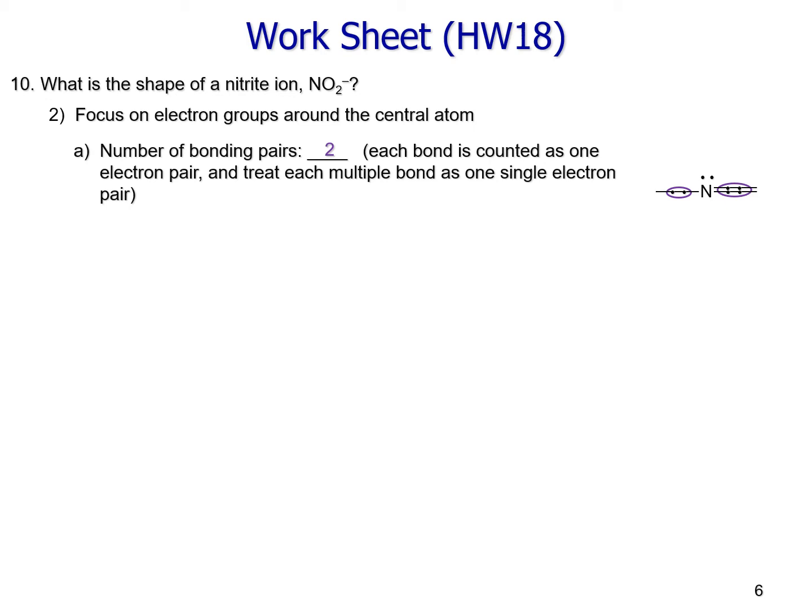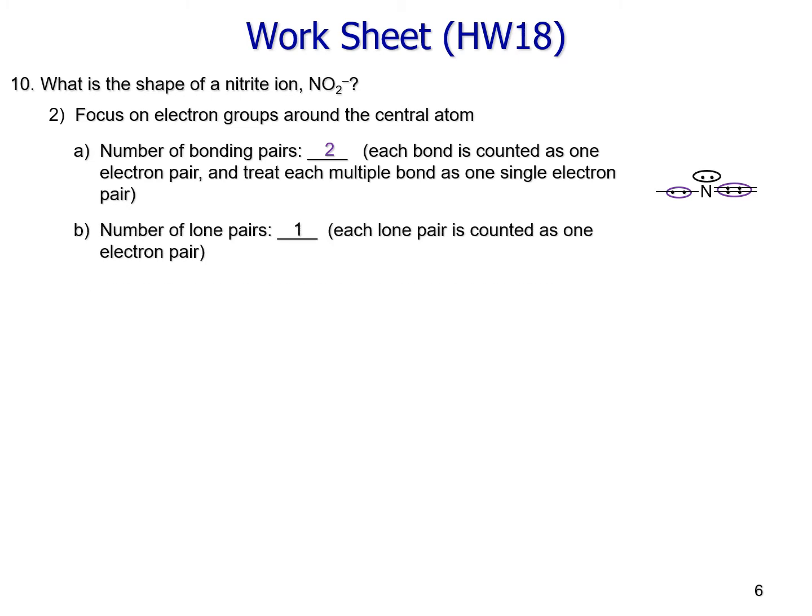Remember, double bond, triple bond, just like a single bond, they all occupy only one side of the chemical symbol of nitrogen, the central atom. Since it only occupies one side, we count them as one electron group. All right, is there any lone pair? Yes, there's 1. So the total number of electron groups on the central atom is 3, because 2 plus 1.